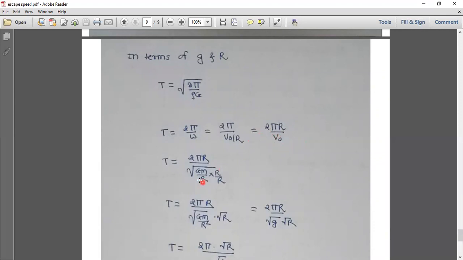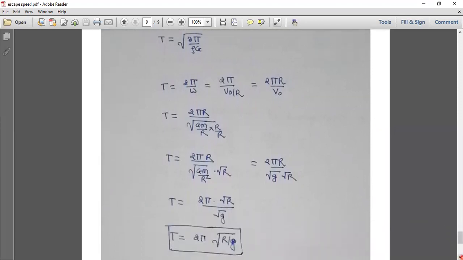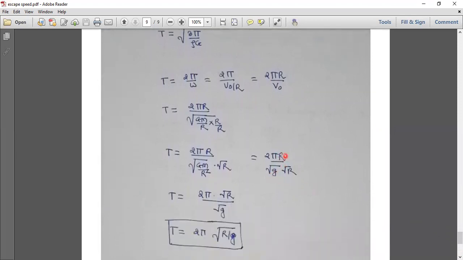So this orbital velocity v naught is what? Root GM by r, and just multiplying and dividing with R, then what am I getting? 2 pi r by root GM by R square into root R. This is nothing but g, so this is root g R, and this capital R, I am writing root R into root R. Shall I write here? One more step.